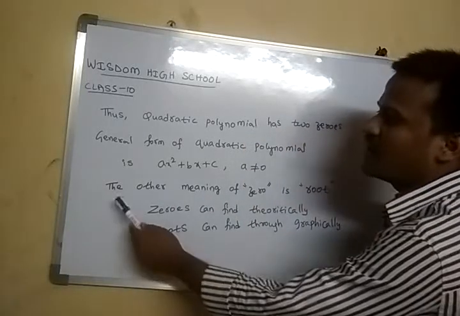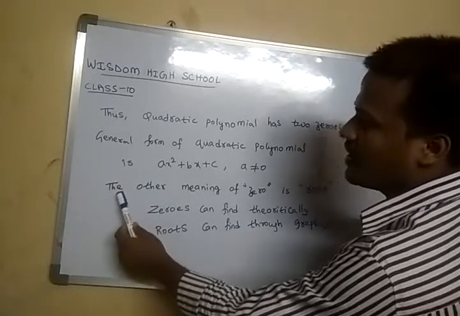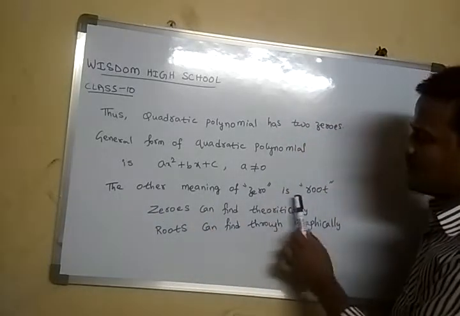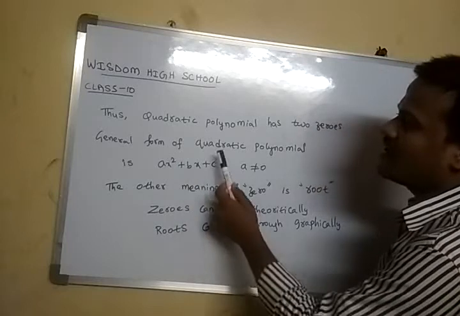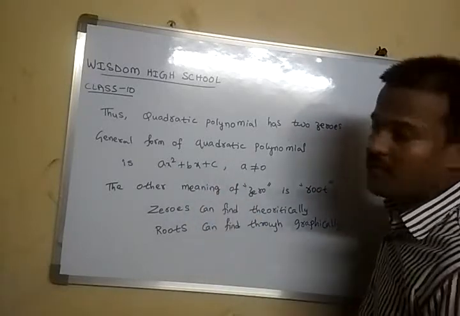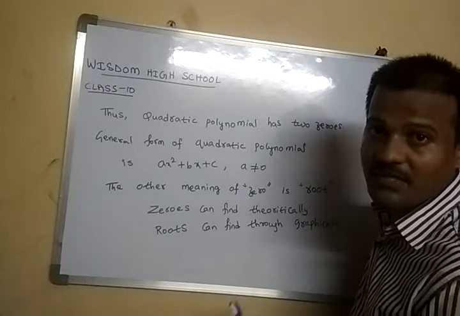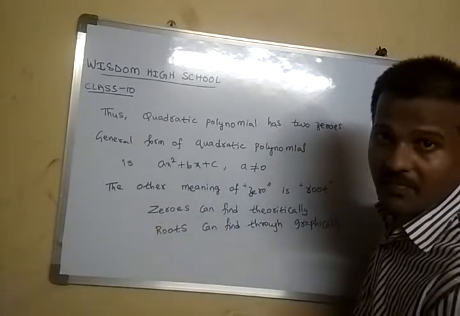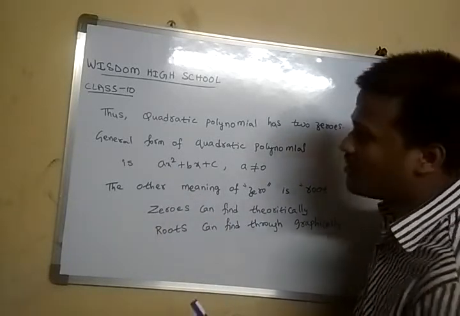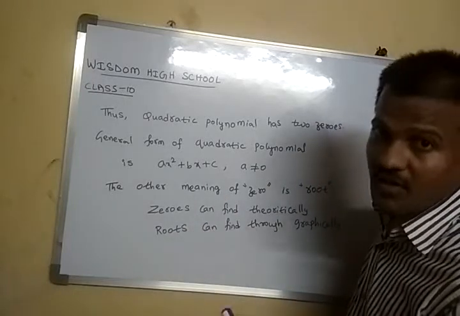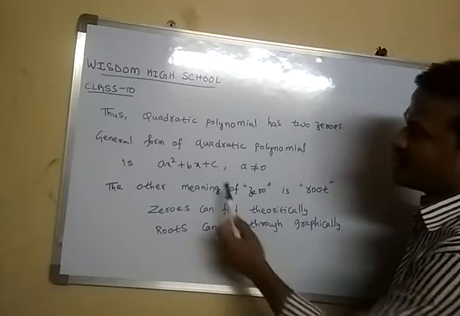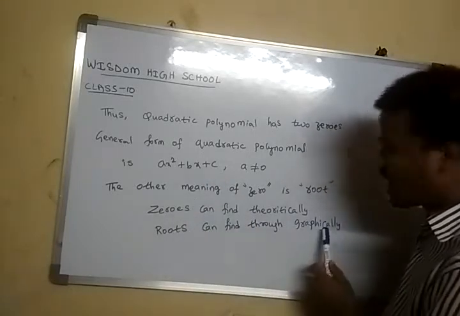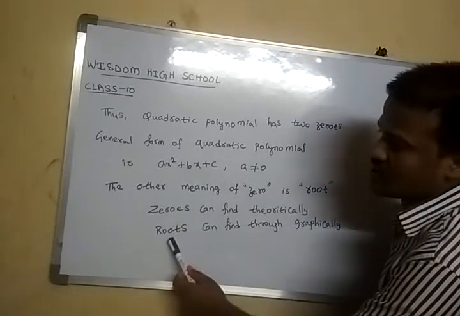Now we are getting one interesting point, that the other meaning of zero is also called a root. Generally we find zeros theoretically by substituting the value of x here. Where you get the value of the polynomial as 0, we call that value of x a zero of the polynomial. Similarly, if you find the zeros of the polynomial graphically, we call those zeros roots.